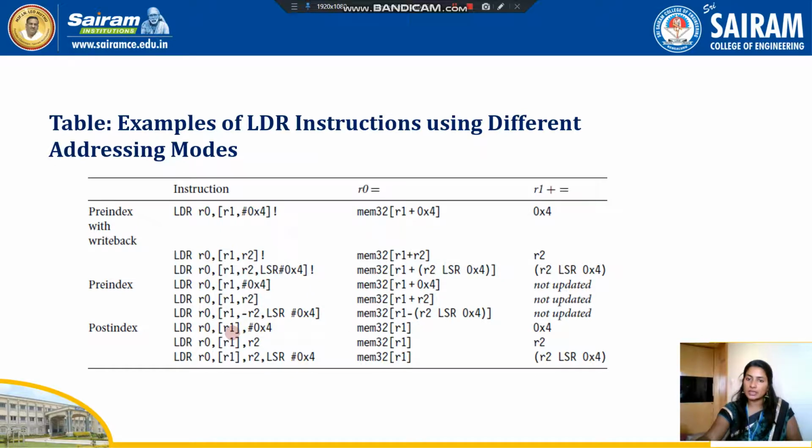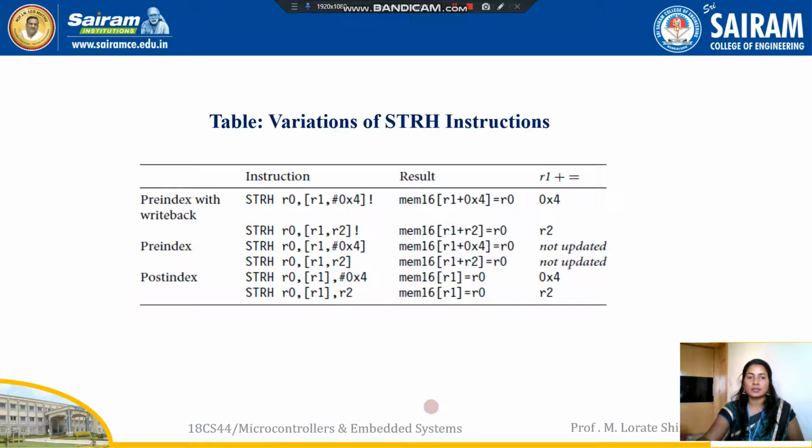In the first instruction, we add 4 to R1, which is given here. In the second instruction, we add R2 to R1, which is given here. In the third instruction, we add R2 after the right shift by 4 bits to R1. This is given here.